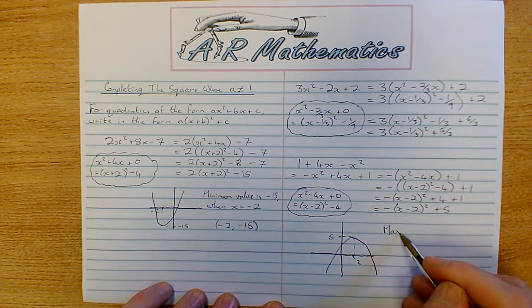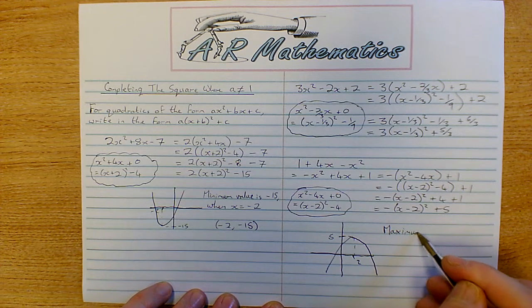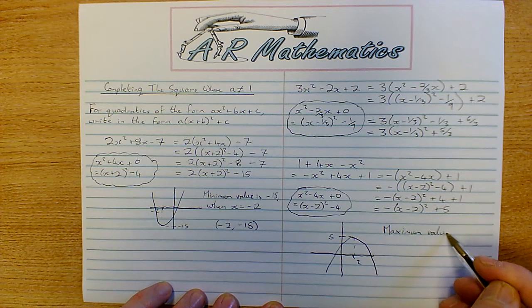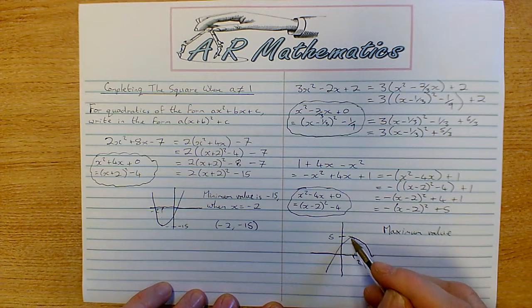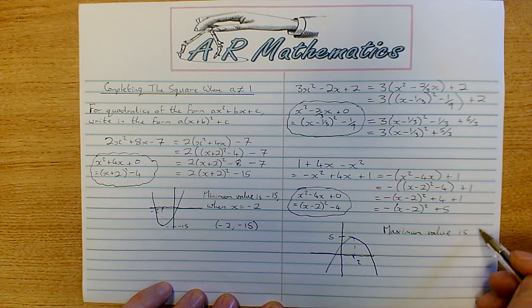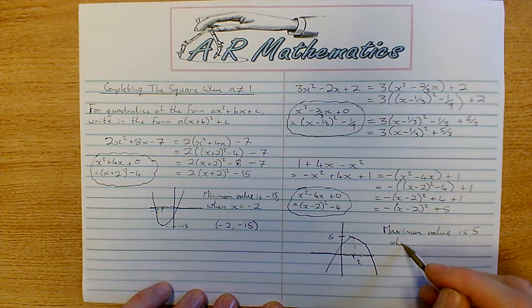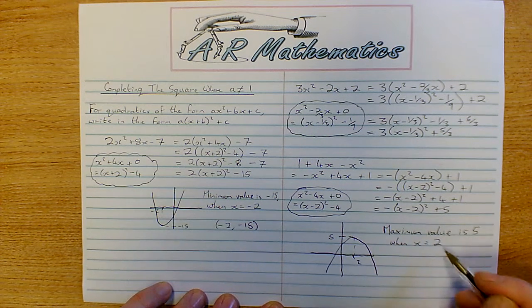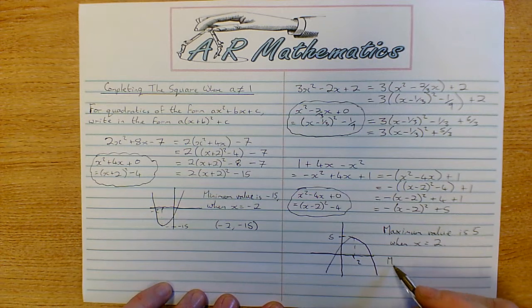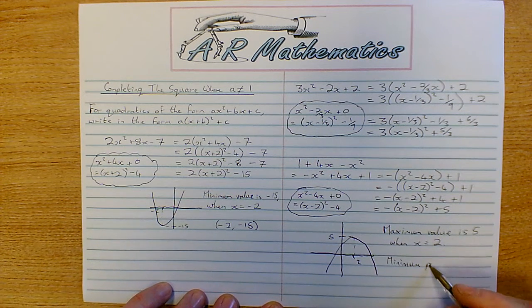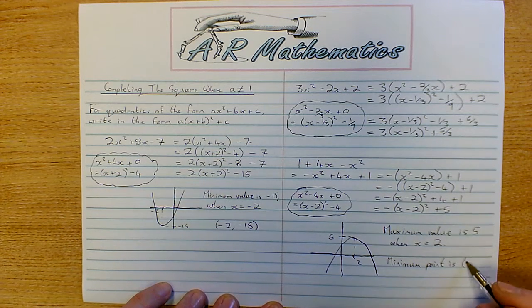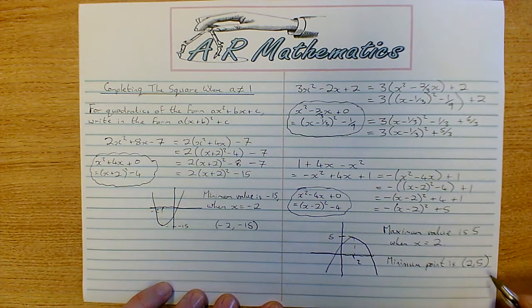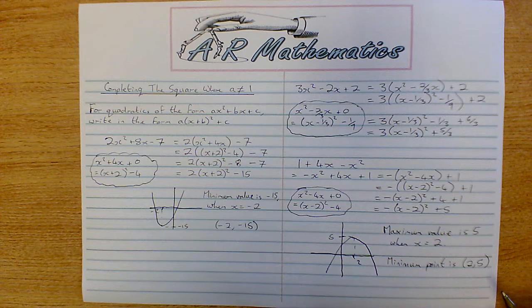So the maximum value is going to be, goes right the way up here to 5, and that happens when x equals 2. Or we could say the maximum point is, and if we use the coordinates, it's 2, 5. And that's how we do it when the coefficient of x squared is not 1.